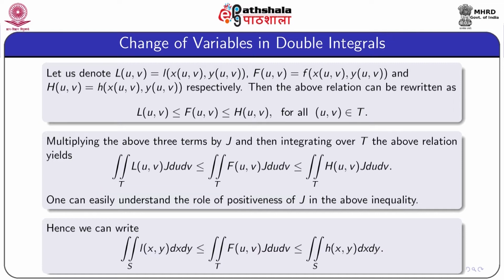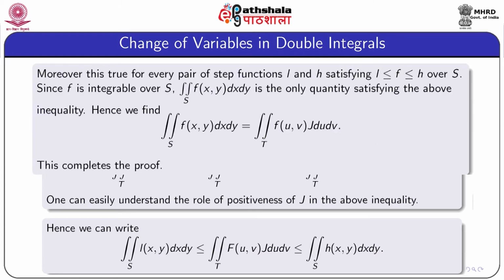We assumed J to be positive such that this inequality is maintained. Hence, we can write the double integral over S of l(x,y) dx dy ≤ the double integral over T of F(u,v) J du dv ≤ the double integral over S of h(x,y) dx dy.